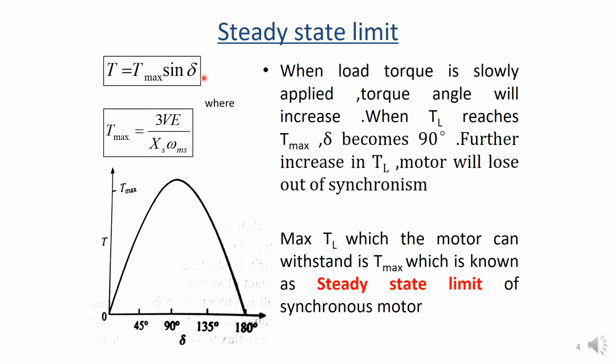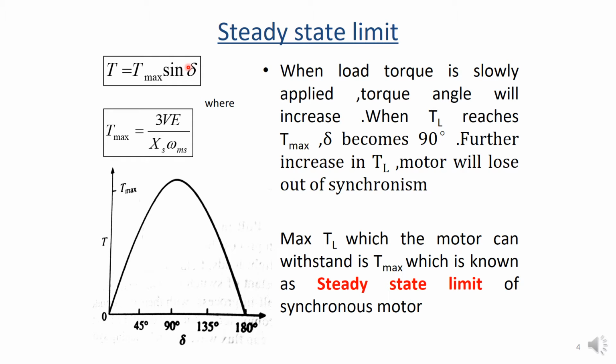So whenever the load torque is slowly applied, the delta angle will increase. This delta is the torque angle or power angle. It will increase, and when it reaches 90 degrees, we get the maximum value.